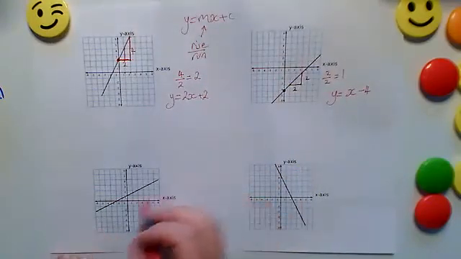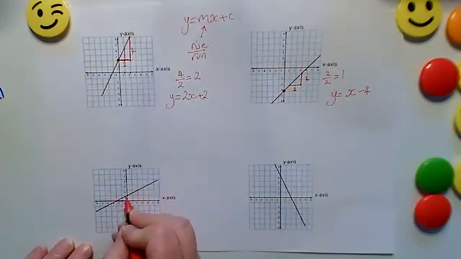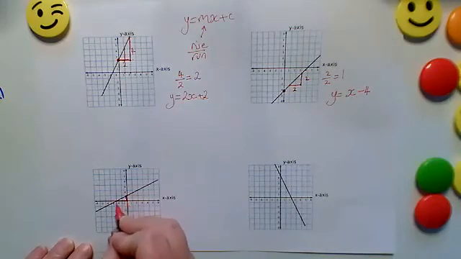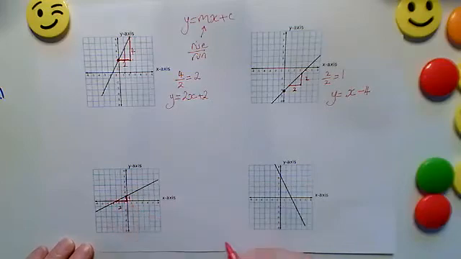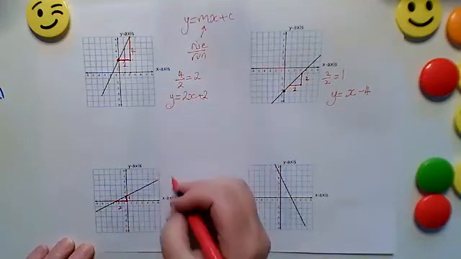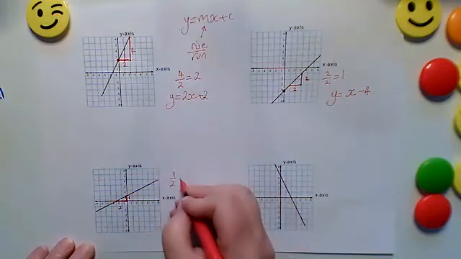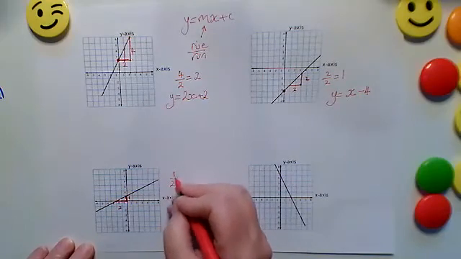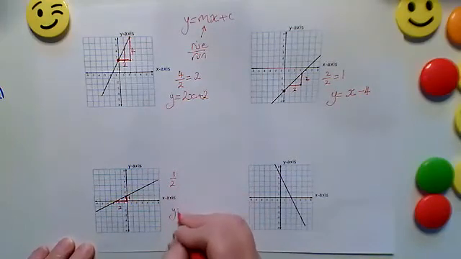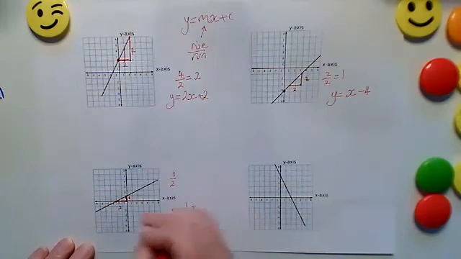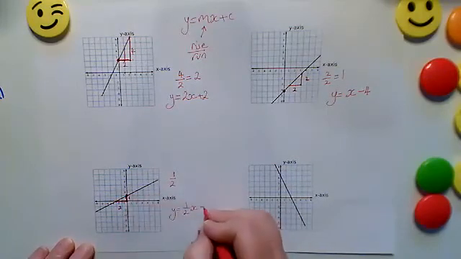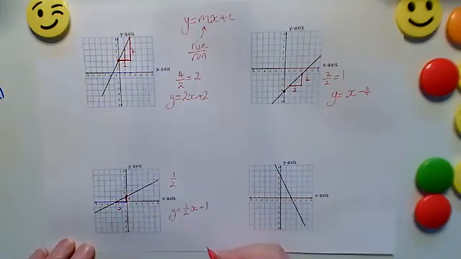This line, let's draw a triangle in here maybe. So the run is 2, the rise is 1. So rise over run gives us a gradient of 1/2. So that is y is a half of x, and it crosses the y-axis at positive 1.